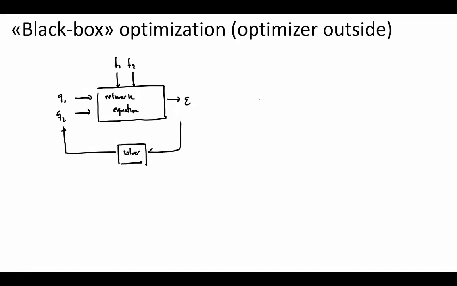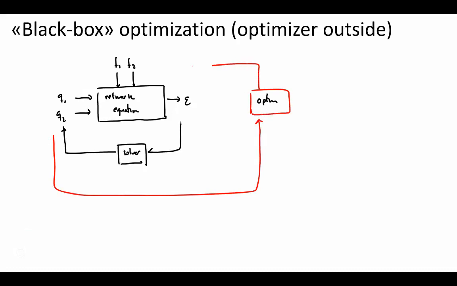And then we have the optimizer, which is reading these two and also writing these two. If I want to make this optimizer, I can use, for example, a Nelder-Mead.